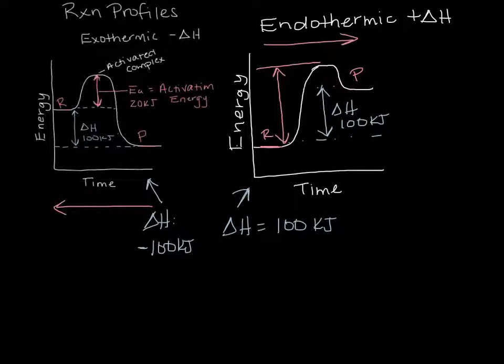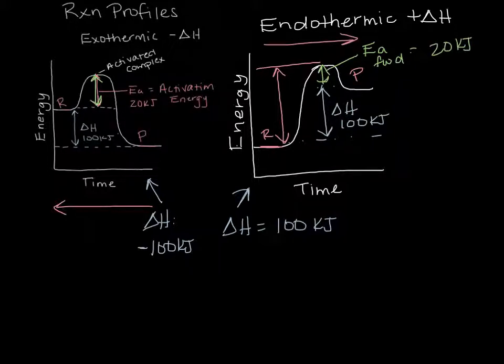So let's keep my activation energy. In green, actually I can make this green too to make them match. So my green is my activation energy for my forward reaction. And we already gave that a value. We said that was 20 kilojoules.